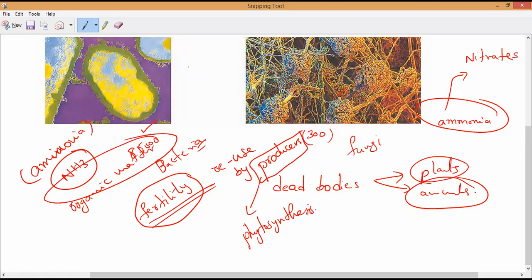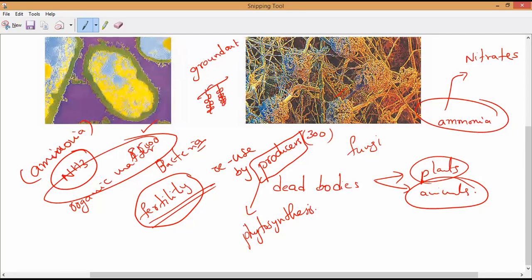For example, groundnuts. How many of you know groundnuts? Groundnut roots. Groundnut cannot absorb the nitrogen directly, so on the surface of the roots of the groundnut, some bacteria are present which help in the fixation of nitrogen.